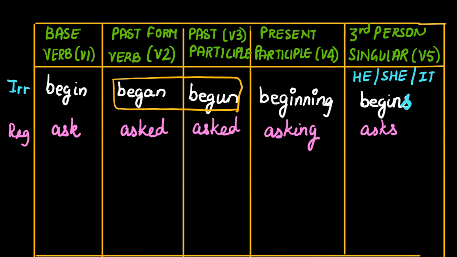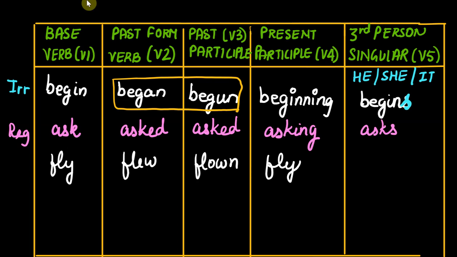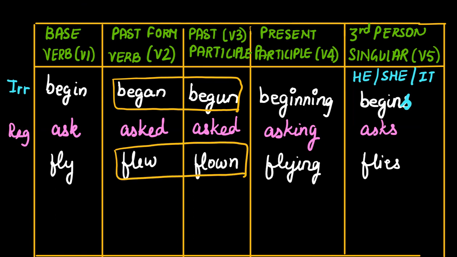Fine, let me give you one more example and then I'll stop the video. For example, fly. Fly past tense is flew. Then we have flown, then flying, and then flies. Okay, as you can see over here, fly and flown, this is an irregular verb.